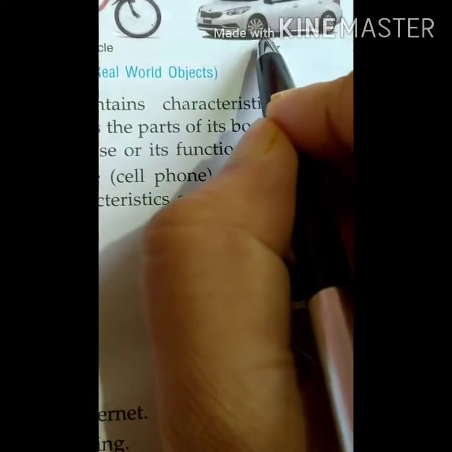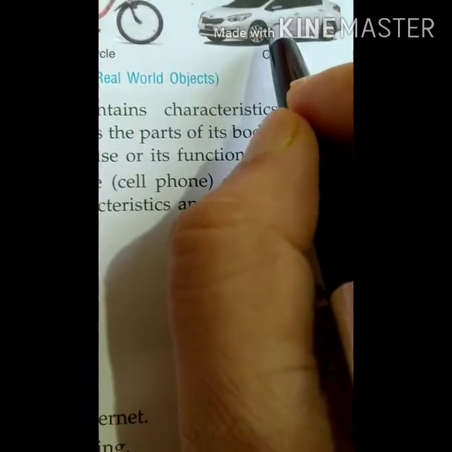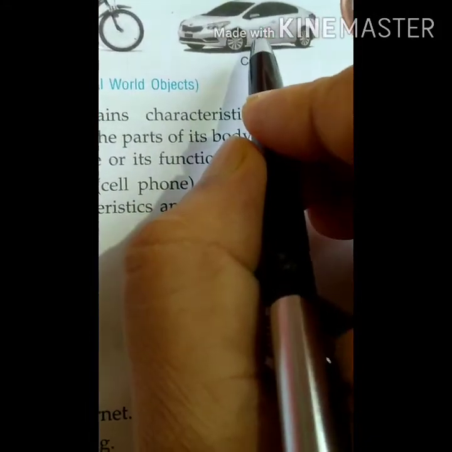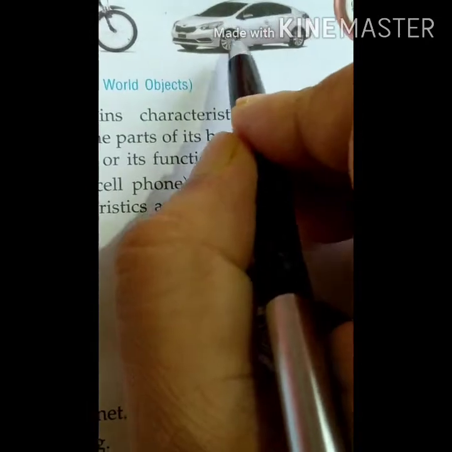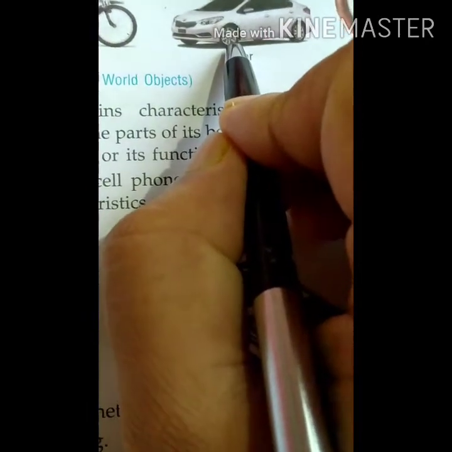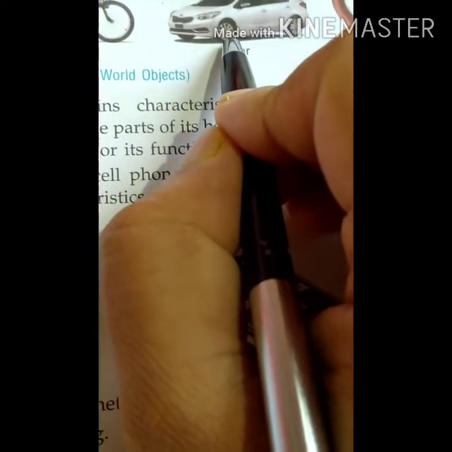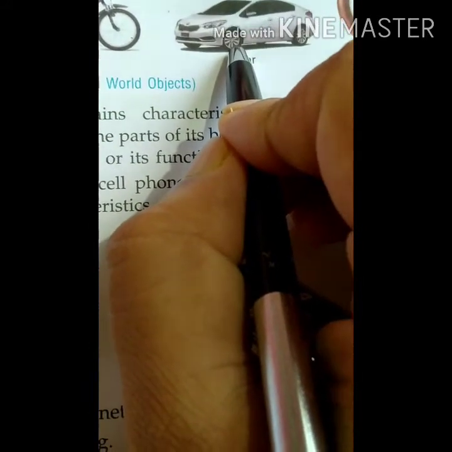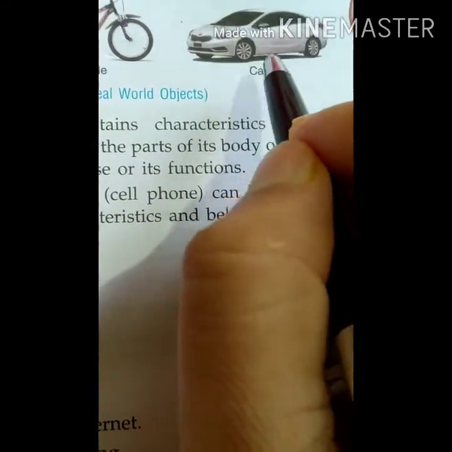We use clutch, brake, gear to control and drive a car. So these are the common behavior. In all cars we use clutch, brake, gear to control and drive the car. That's why these are common behavior.